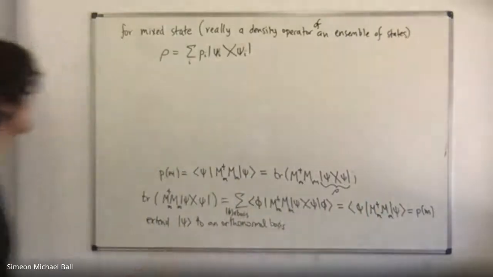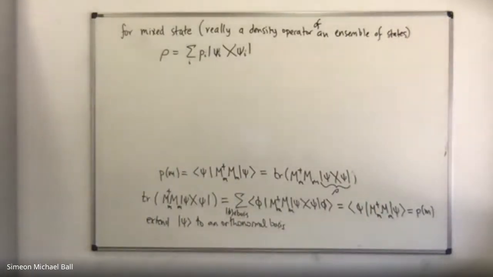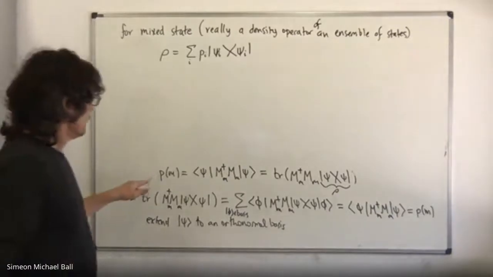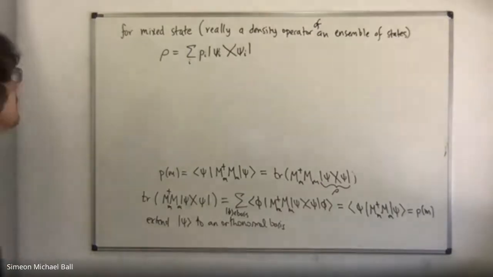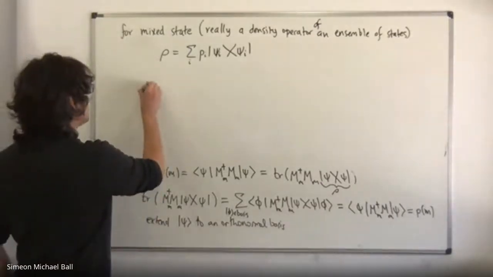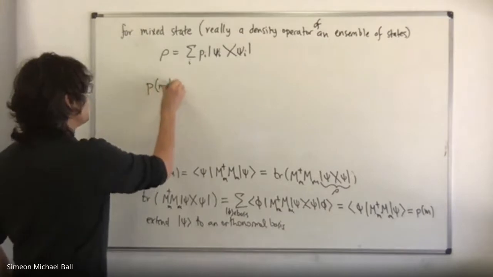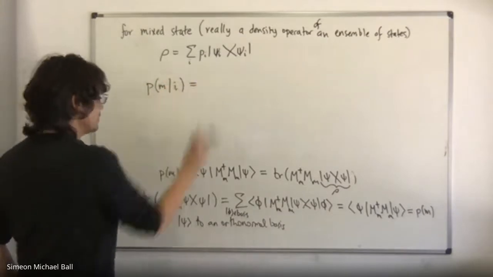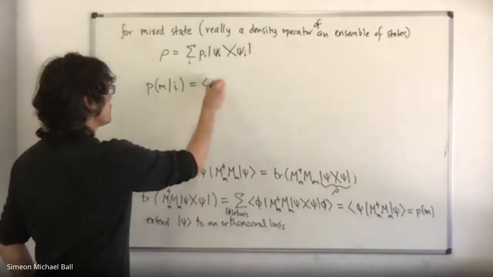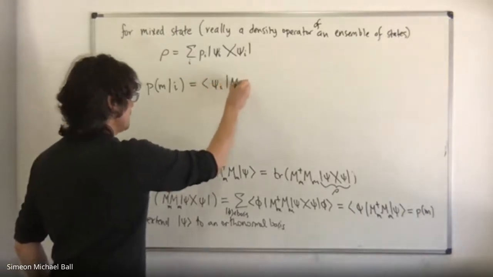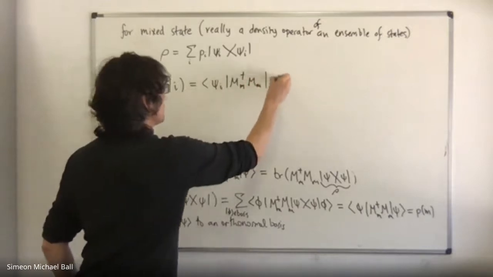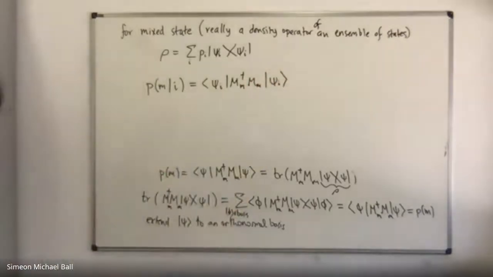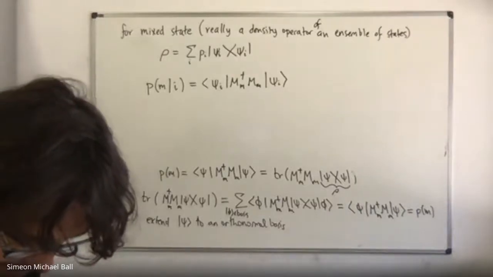Okay, so what would happen to this after our measurement? Do I want to do the probability first? The probability of m given i is going to be this, with the i on the subscripts. And this will probably be the last thing I try to do today.